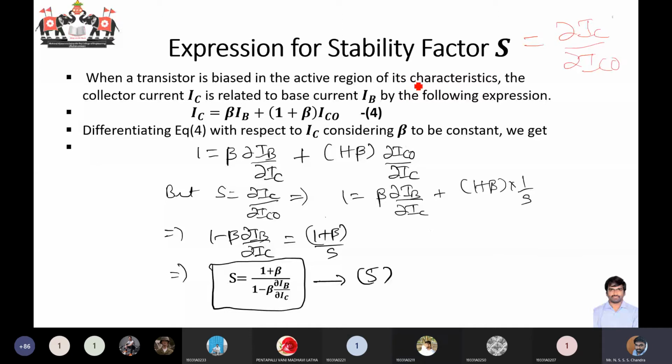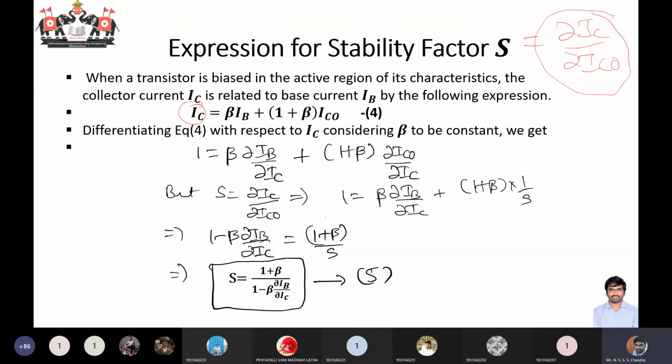So we'll be deriving this value from this equation. If you want ∂IC/∂IC naught, first you need to partially differentiate this equation. Initially we'll differentiate this equation with respect to IC. Now tell me, what is ∂IC/∂IC?